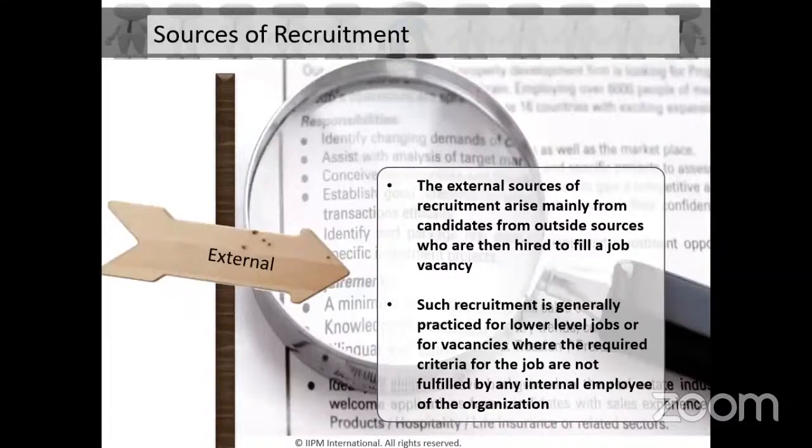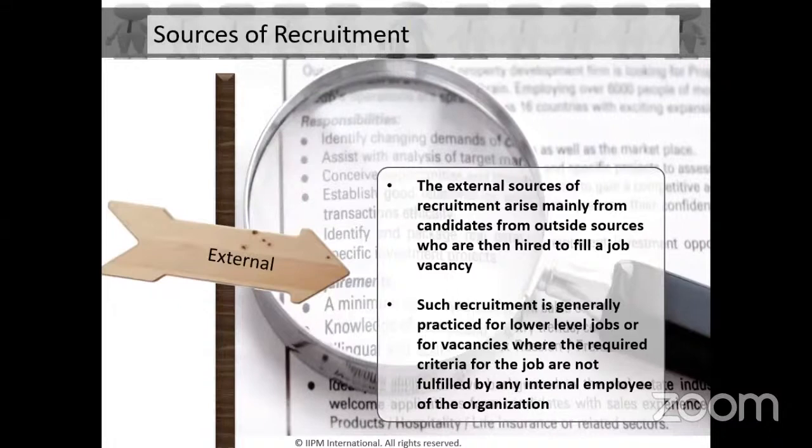Now let's talk about the external. The external sources of recruitment arise mainly from candidates from outside sources who are then hired to fill a job vacancy. Such recruitment is generally practiced for lower level jobs or for vacancies where the required criteria for the job are not fulfilled by any internal employee of the organization.